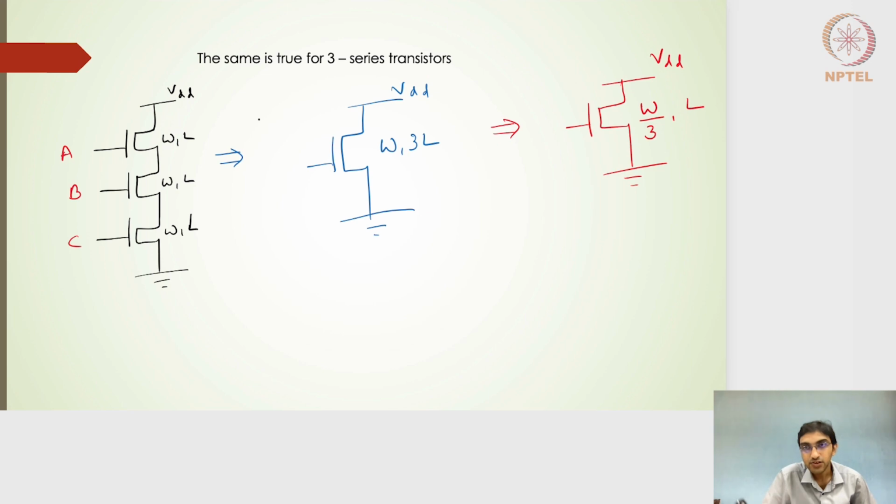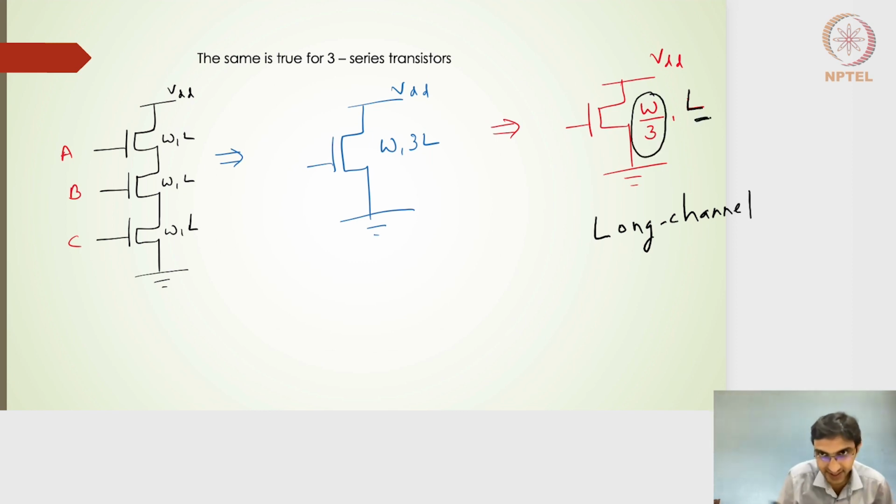In fact, we can also do this for a long channel model. So this is applicable only for the long channel current model. We can also say that it is W by 3, so the width gets divided by 3 with the same channel length. The reason is very simple.